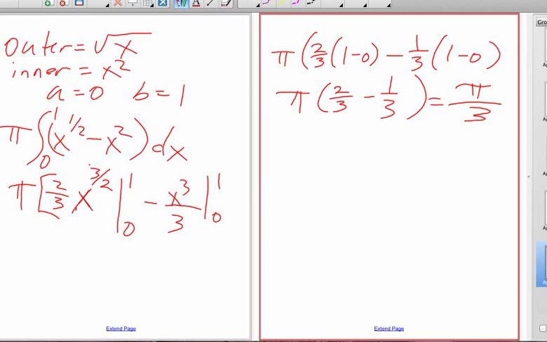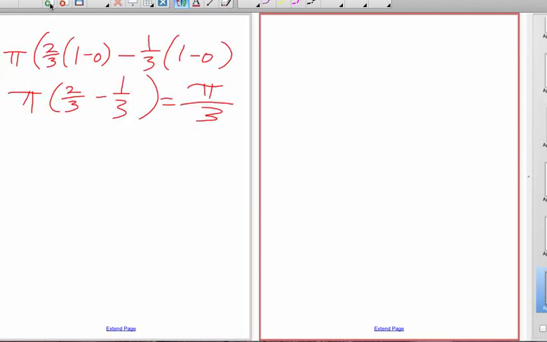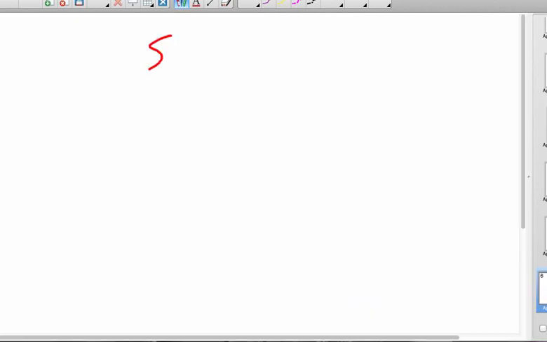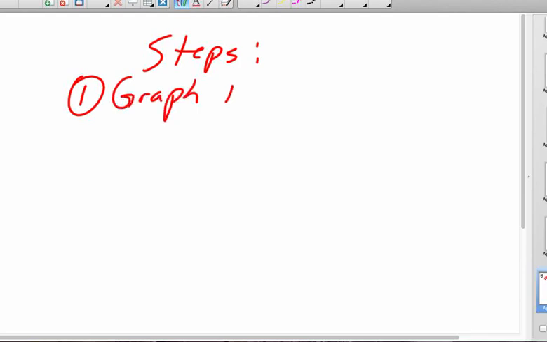So the steps on these are basically the following. Step 1 is going to be to graph it and then identify your outer and inner.